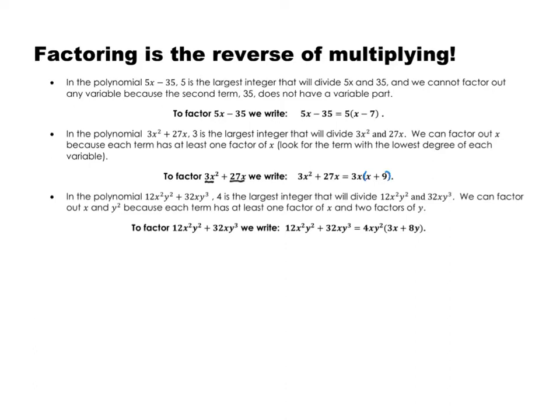All right, so how do I get that x plus 7? That's a question. So you're asking yourself, 3x times what gives you 3x squared? So we see that 3x times x. That's one way of thinking about it. Or you could take that 3x squared, and essentially what you're doing is you're dividing it by this 3x.